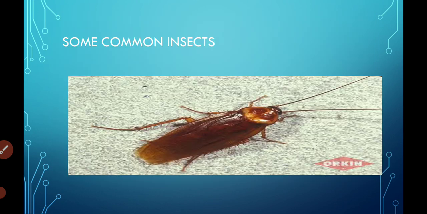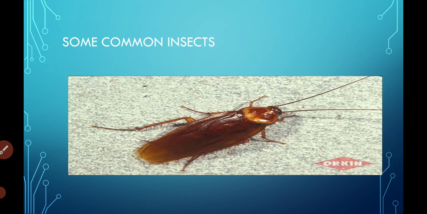Now we will study about some common insects. Have you seen this insect? This is a cockroach. Cockroaches hide during the day and become very active at night. They crawl on the ground and can fly.